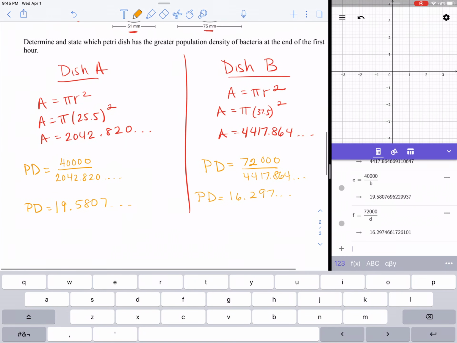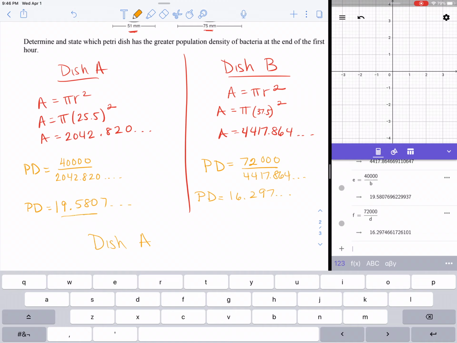So which has a greater population density? Dish A, because this number is bigger than that number, has a greater population density.